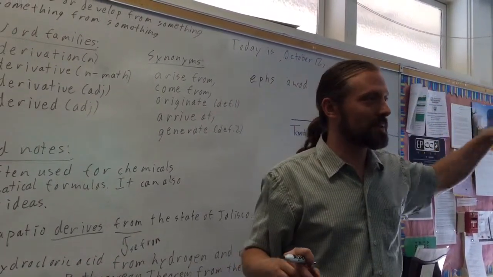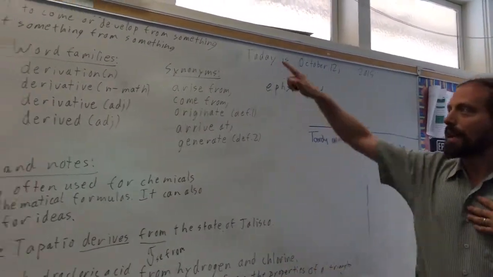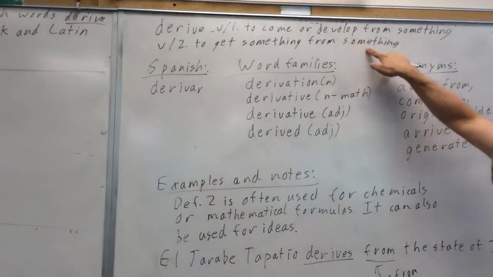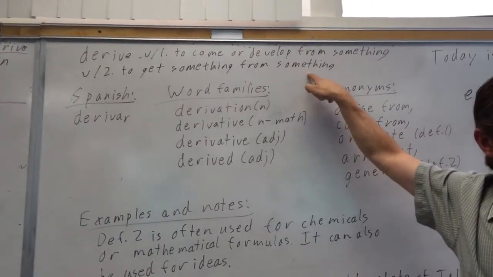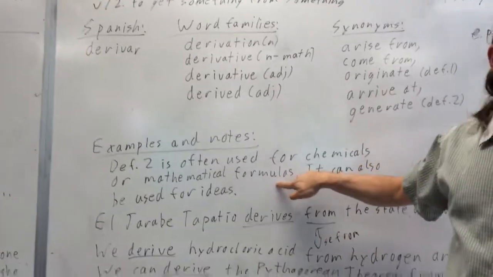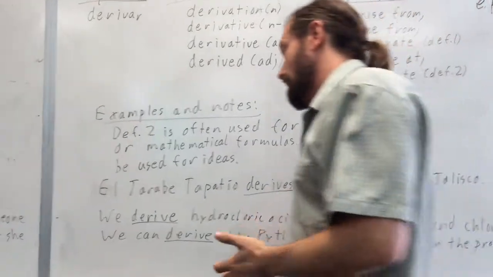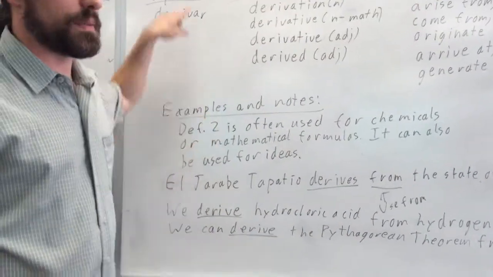So we measure a bunch of circles, we can show that. We can derive it. That means we get the formula from measuring circles and seeing what circles are like. So we can use it for chemicals, mathematical formulas, or ideas. There might be some other cases, but these are ones that came to my mind as common uses of definition 2.